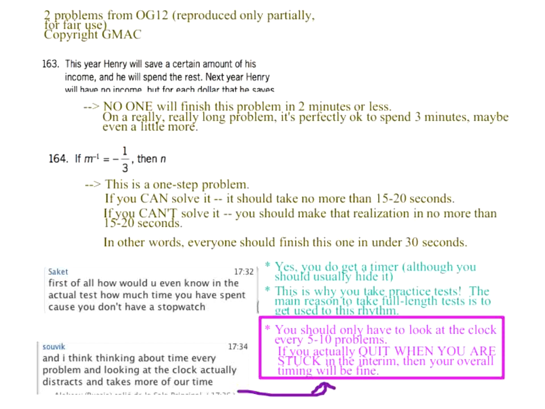So you should get to this point where you have a rhythm that is workable, where you can just look at the clock every now and then. Maybe not when you first start doing these problems, but this should happen pretty soon. It's just being able to quit is what it is.